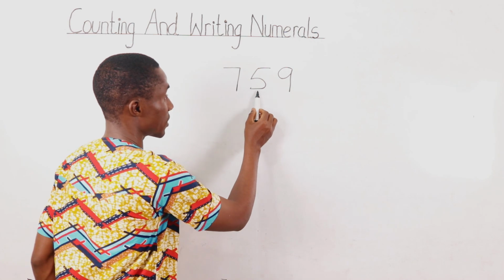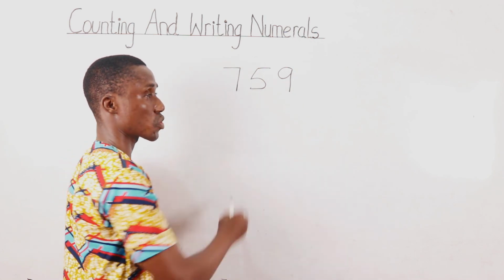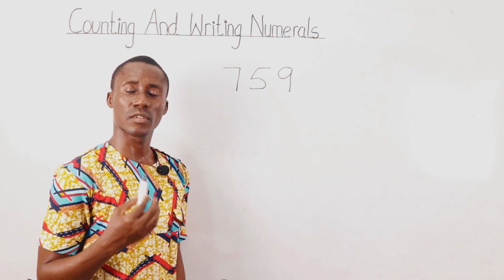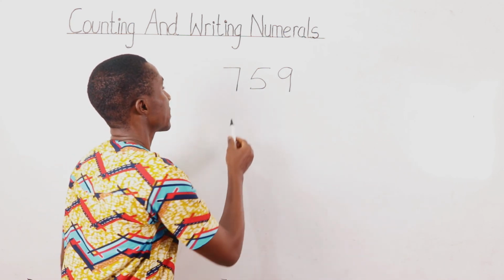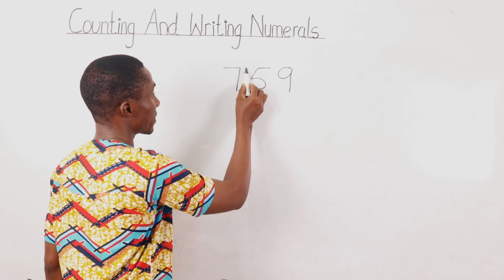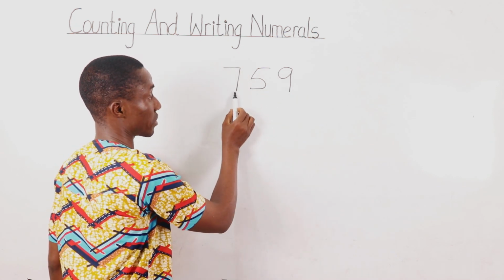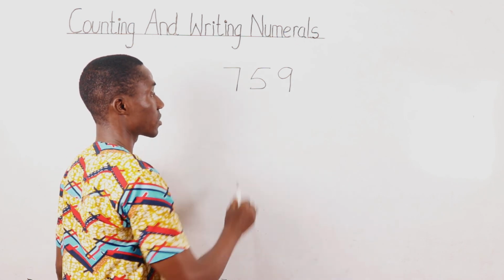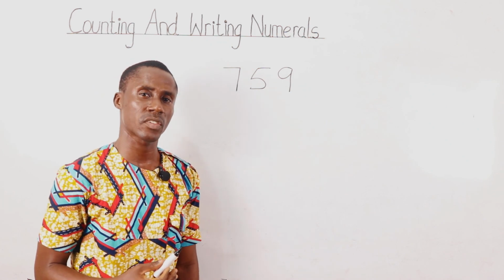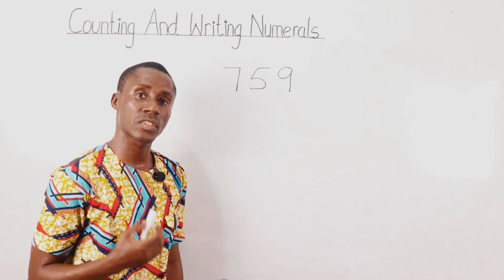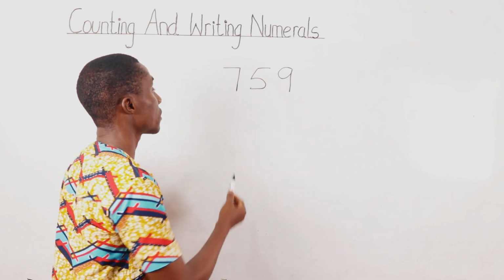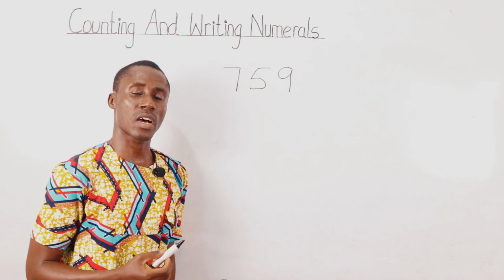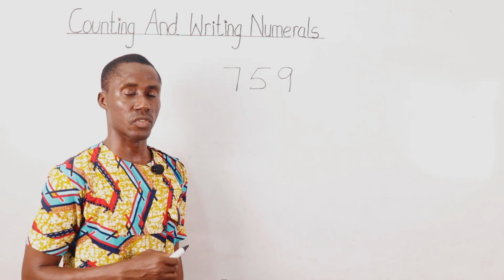And therefore the digit 5 is actually 5 tens. And that gives us 50. The next digit in this number is 7. It is in the third number place. And the third number place is the hundreds number place. And therefore the digit 7 here is actually 7 hundreds.